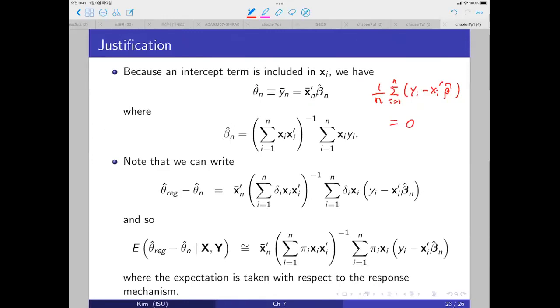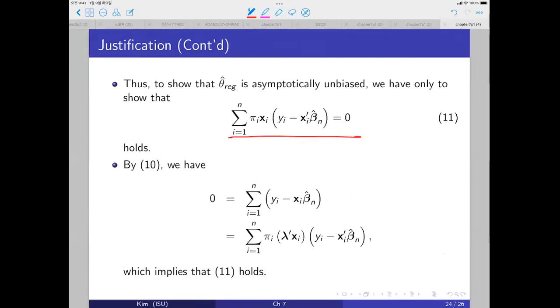That means we have only to show that this is 0, which is this one. But we already know that this is 0, right? We already know that this is 0.